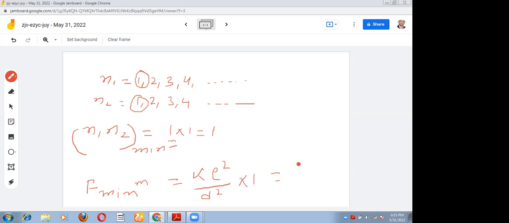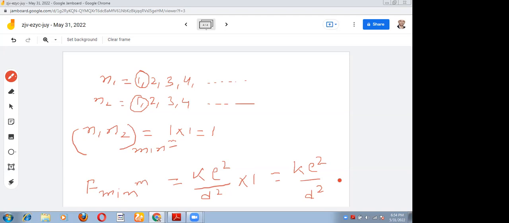So what is the minimum force between two charges separated by distance D? K E square by D square. Got it? Yes, sir. This is the minimum force between two charges separated by distance D, not K Q1 Q2 by D square, because we have to take the minimum value of that.